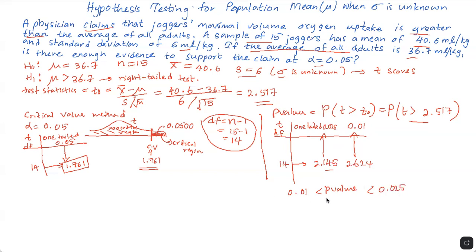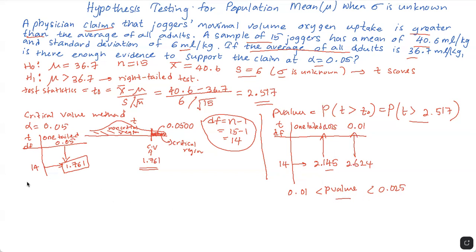Okay, now we found a range for the p-value. We cannot find the exact p-value using this t-table, but if you use a calculator, then you can find exact p-value for this test. But here, since we use the t-table, we only can have a range for the p-value.